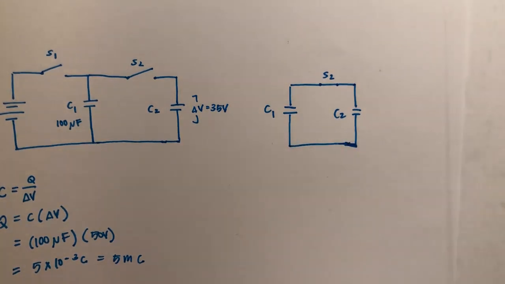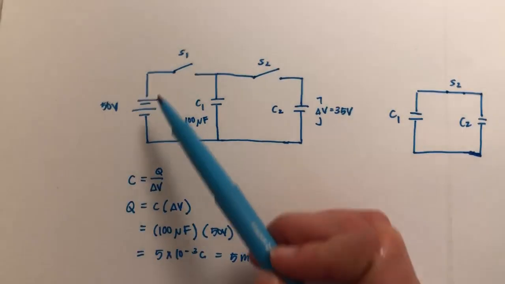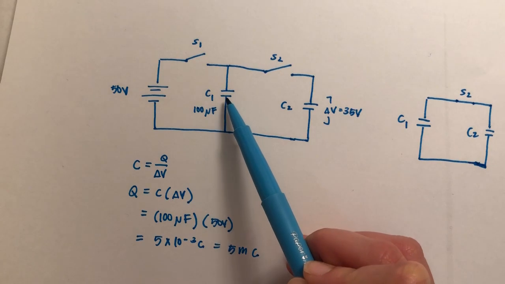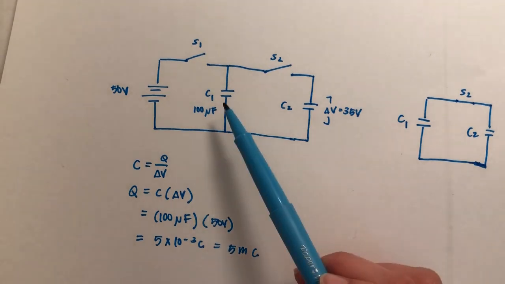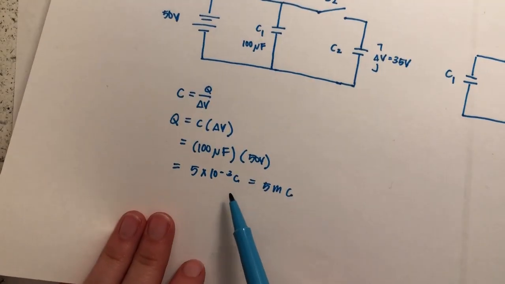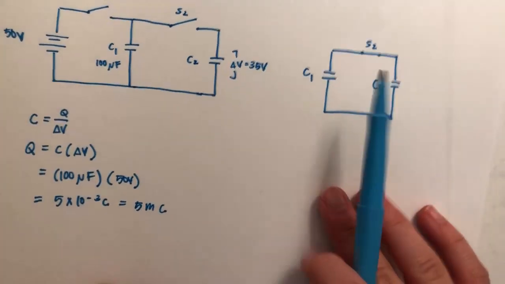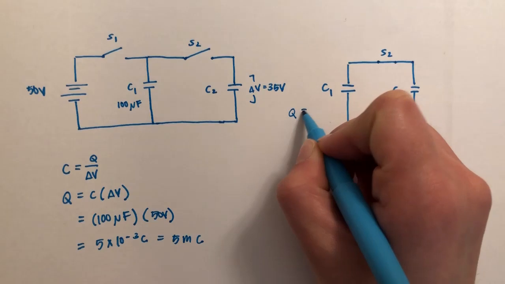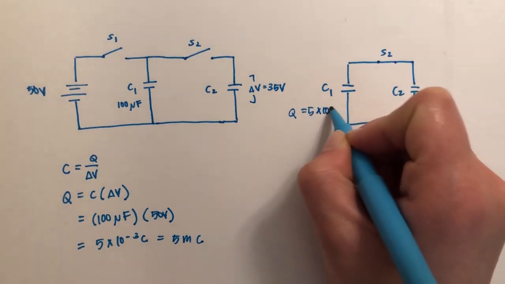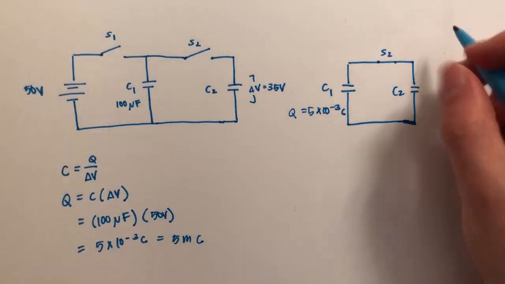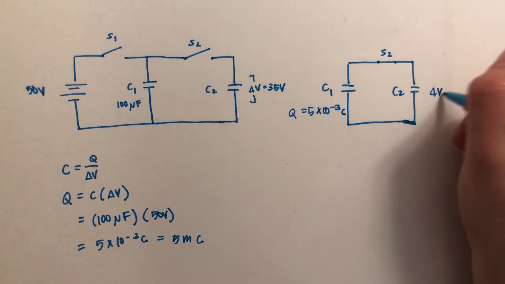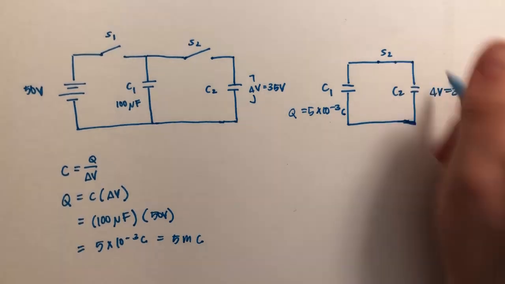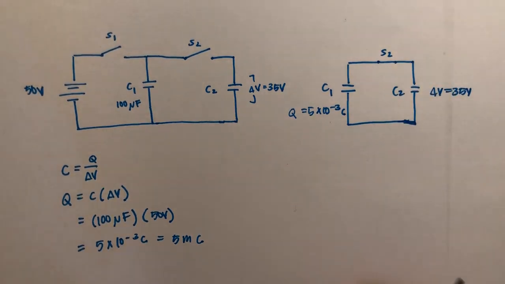And capacitor 1 already has a charge on it from when we initially closed this, and it gained a charge over here, and it has this initial charge. So we can write that here as a given. The initial charge is 5 times 10 to the negative third coulombs. Here we have a potential difference of 35 volts, and it's a closed circuit.